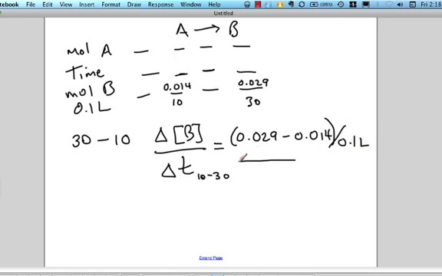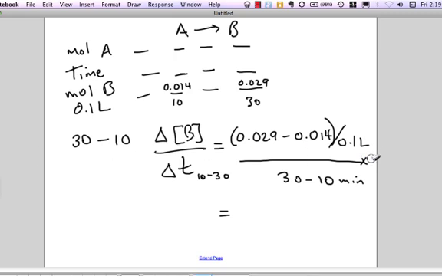And this is in minutes, and they want it in seconds, which is the normal rate time. So you've got to multiply this times 1 minute over 60 seconds. So not only do they not want it in moles, they want it in molarity, and they also want the time in seconds.